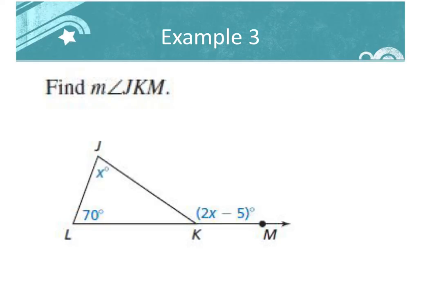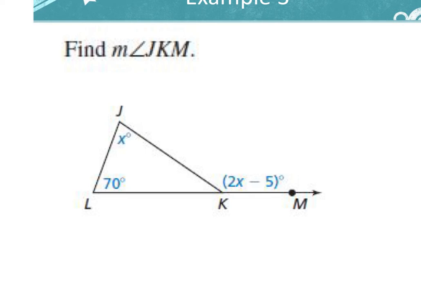Okay, example 3. This is where I don't want you using the fact that this is 180 minus this angle. I want you to use the formula that this exterior angle is going to be equal to the 2 non-adjacent interiors added together.